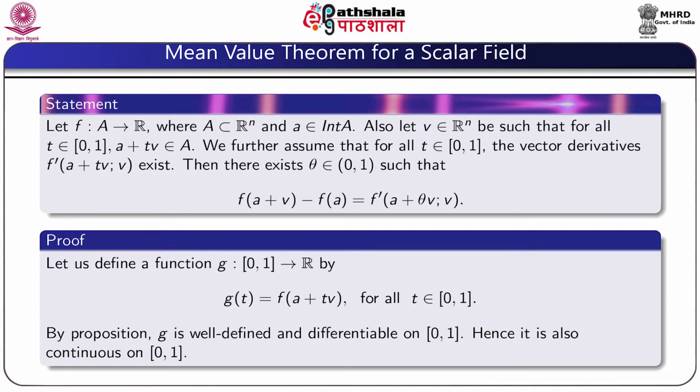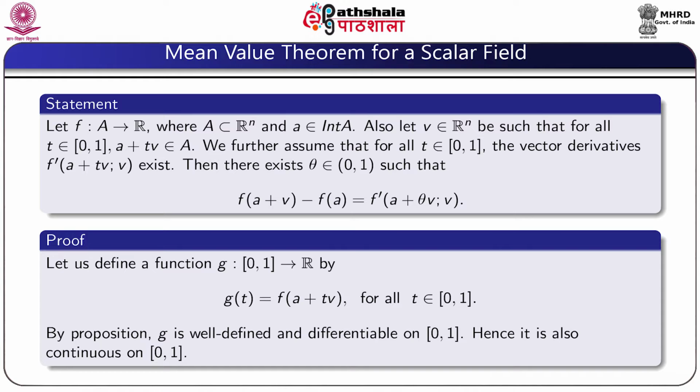Mean value theorem for a scalar field. First we give the statement. Let f be a scalar field defined on a set A, where A is a subset of Rⁿ and a is an interior point of the set A. Also let v be a vector in Rⁿ such that for all t from the closed interval [0, 1], the point a + tv also lies within the set A. We further assume that for all real t from the closed interval [0, 1], the vector derivatives f′(a + tv; v) exist.